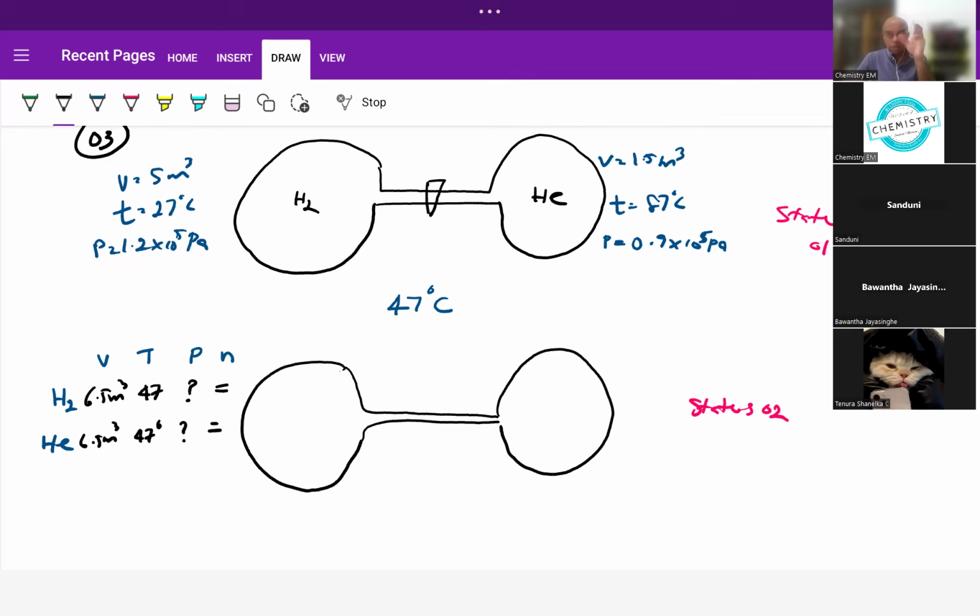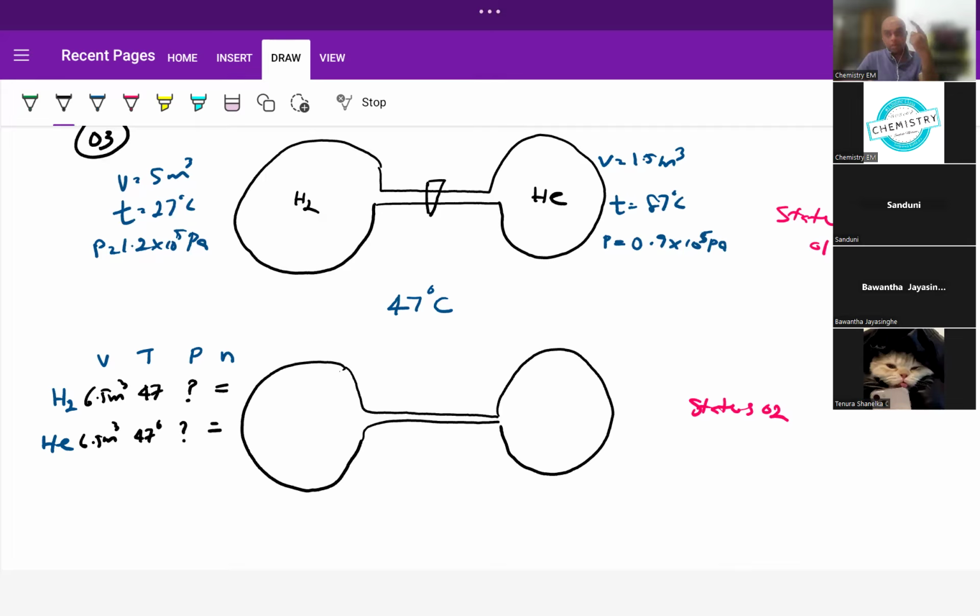So let's apply the combined gas law: P1 V1 divided by T1 equals P2 V2 divided by T2, for hydrogen and helium.